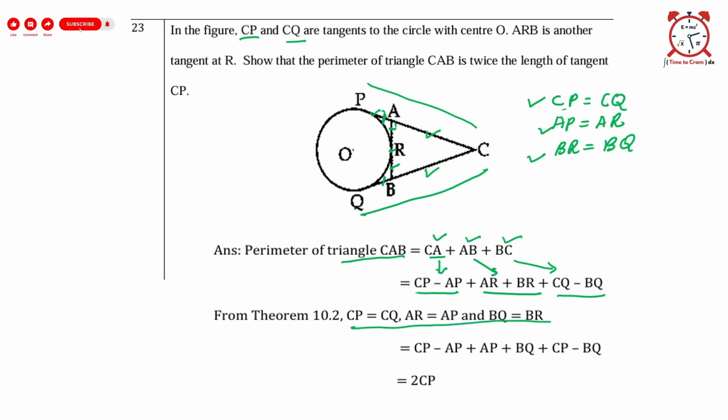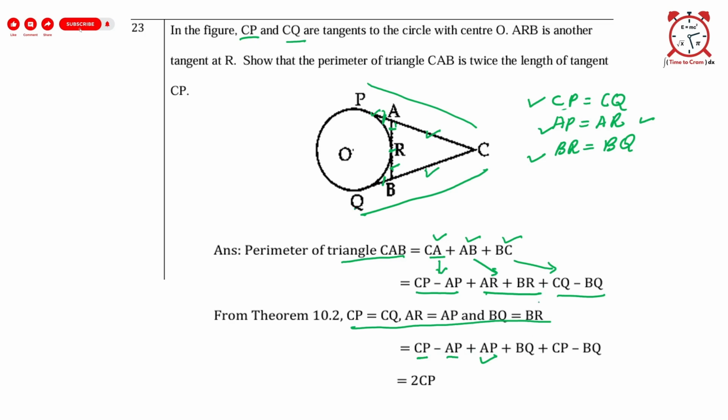Now CP as it is, AP as it is, we do not have to make a change, but AR equal to AP, so in place of AR we are keeping AP. Why? Here you are getting minus AP plus AP, so they cut.